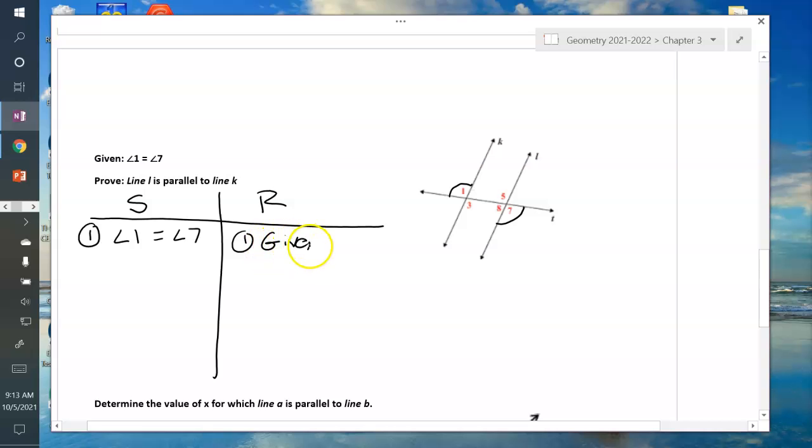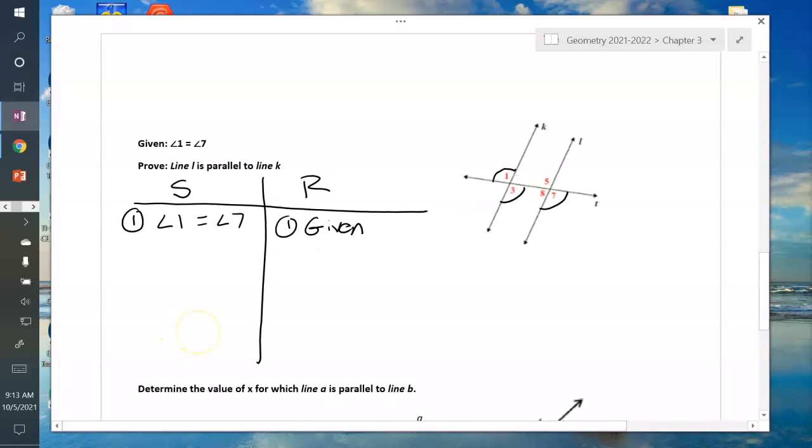That's given. All right. Next thing I'm going to do is I'm going to say that I noticed that angle 1 and angle 3 are vertical to each other. So therefore angle 1 is congruent to angle 3. Angle 1 equals angle 3 because they're vertical. I'm then going to say, look at that.